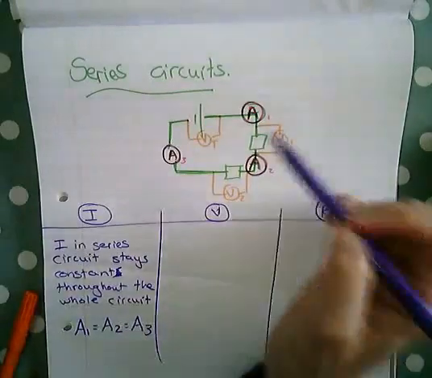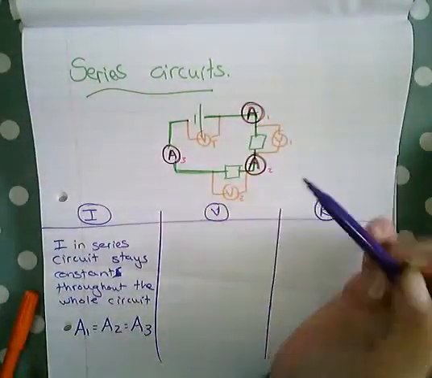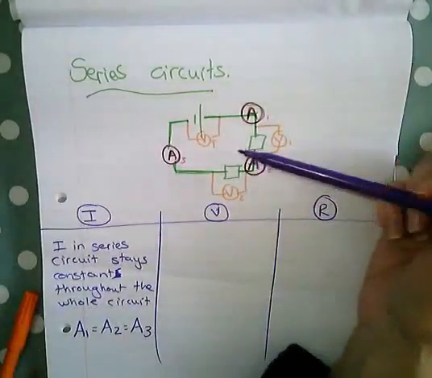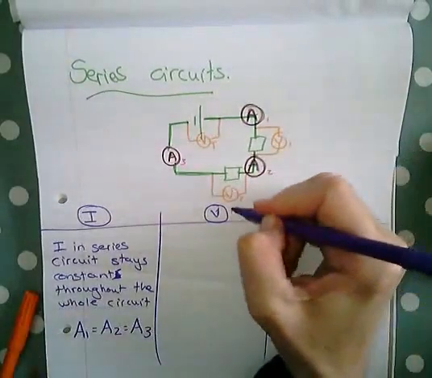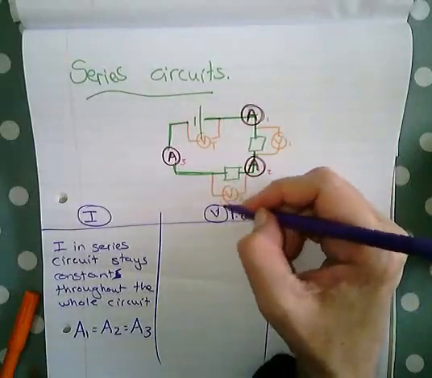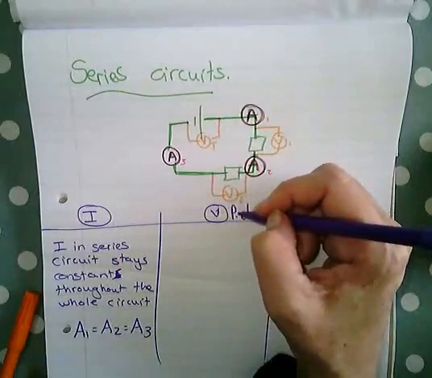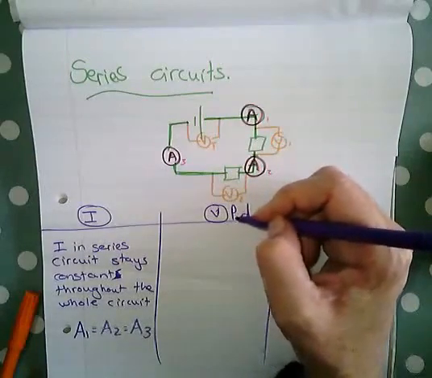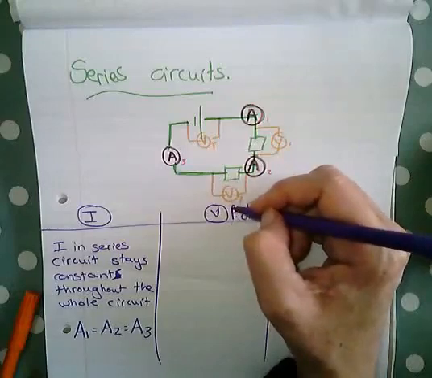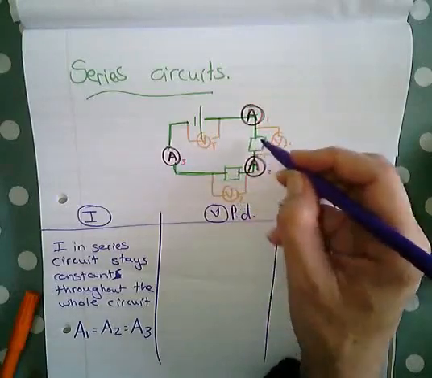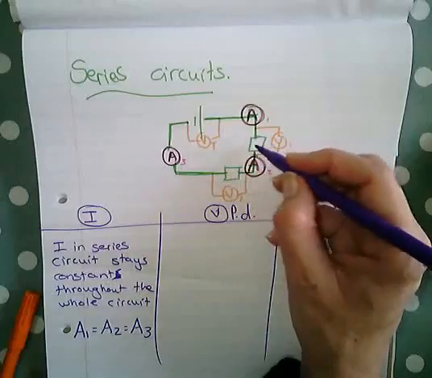Then potential difference. So what you need to understand about potential difference is the word potential refers to the potential energy available to be converted from electric energy into other forms of energy. So whatever this resistor is, if this is a light bulb, it's going to convert electric energy into light energy.